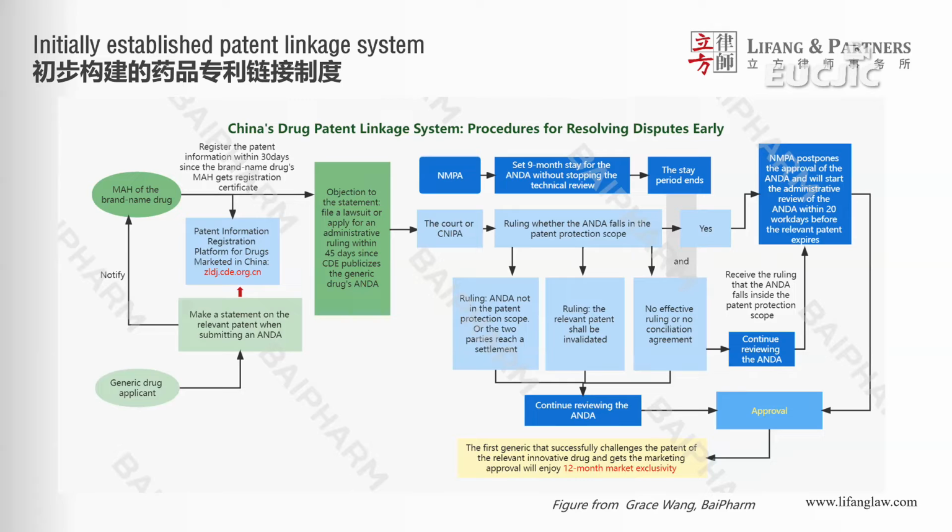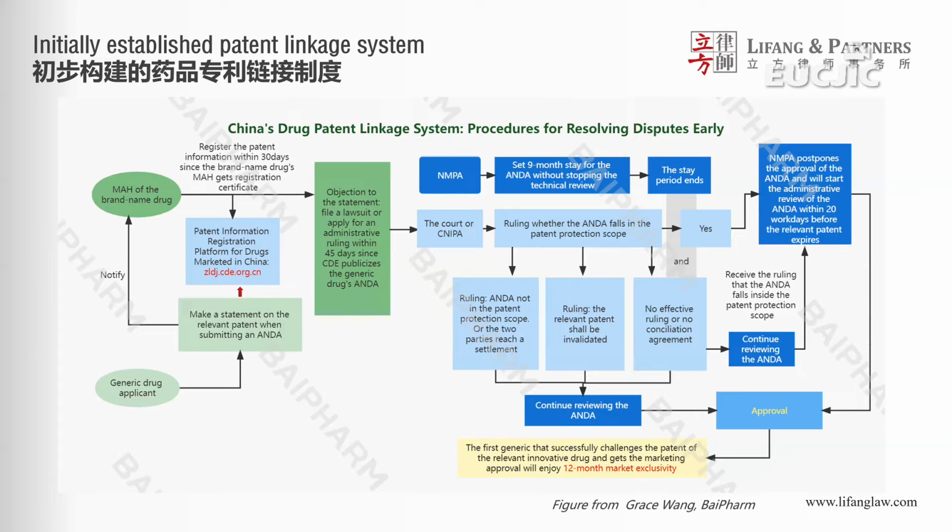After the MAH lists the patent, the generic drug company, when they file a generic drug application, also needs to issue a patent declaration against this patent listed in the patent registration platform. And among the 4 types of patent declaration, only the category 4 statement would allow the patentee to take further action.